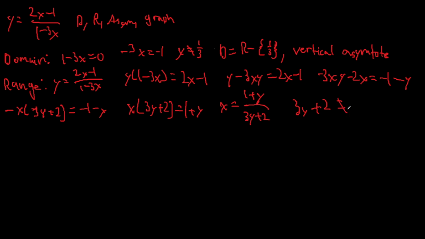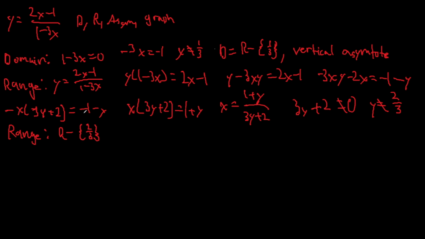It can't equal 0, which means that y cannot equal 2 over 3. negative, sorry: y cannot equal negative 2 over 3. So the range of the function is all real numbers minus negative 2 over 3. Sorry, I wrote that kind of weird, but yeah, that's the range.